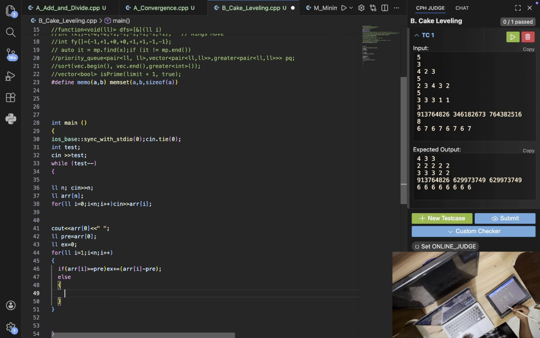Let's have 10 and 2. What's the best option? I have 12. 12 by 2 is 6.